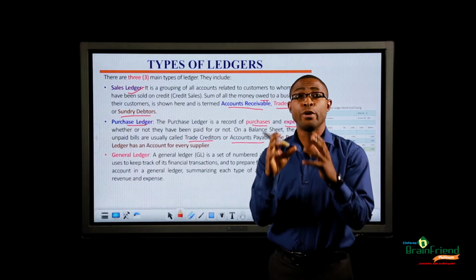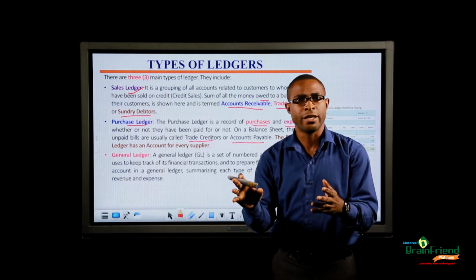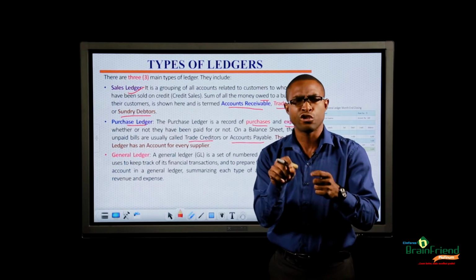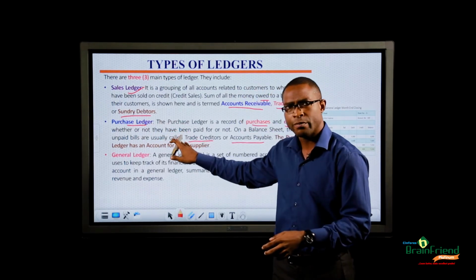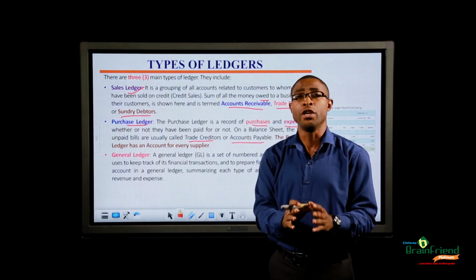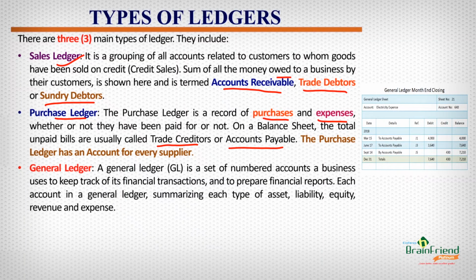So when you make purchases as a business entity and you do not pay for them, maybe you made them on credit, you record such transactions in the purchase ledger. When you also make purchases and you pay for them fully, you also record such in the purchase ledger.